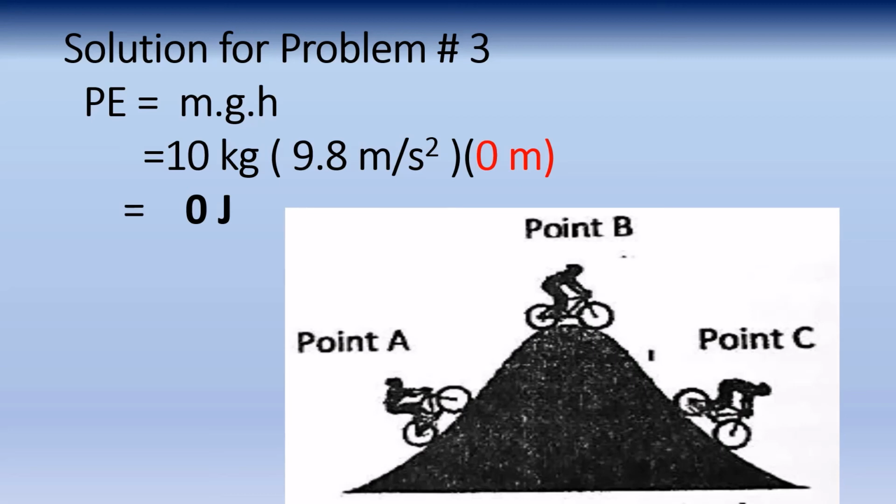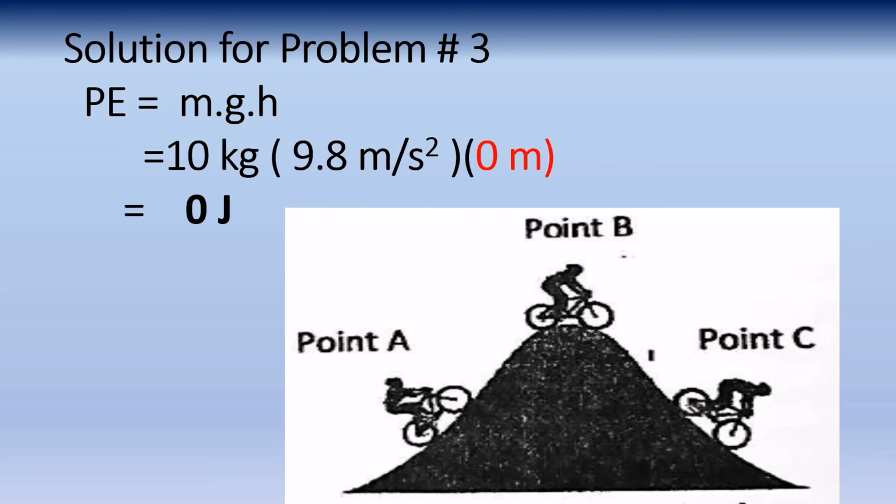Once it reaches the top of the hill, it has the highest height. So this time, there is the highest potential energy at the highest height. When it goes down, the potential energy will decrease. It's because the height is also decreasing.